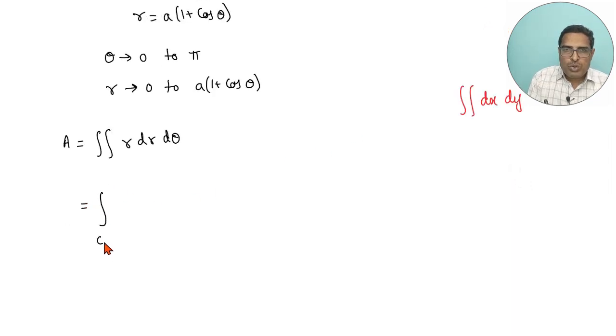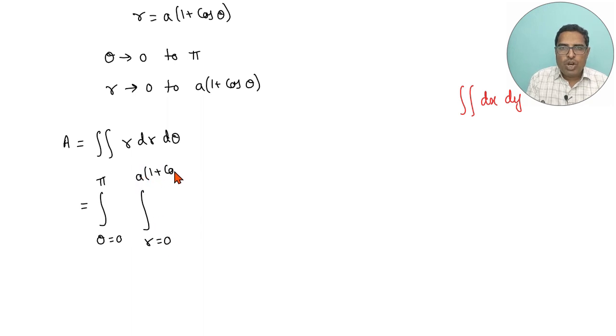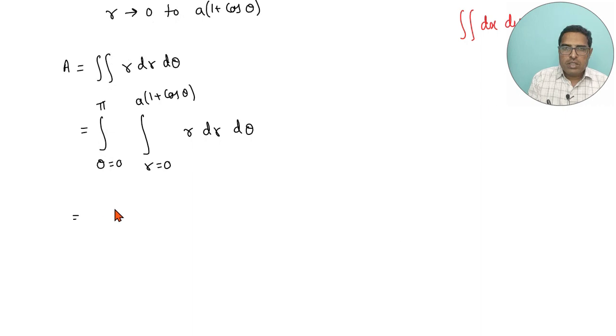Now let us write down the limit values over here. The limit values, theta will be 0 to pi, the constant limits outside. Then you have integral of r equal to 0 to a into 1 plus cos of theta. So this term will be as it is, r dr into d theta. So let us first integrate with respect to r over here. Integral theta equal to 0 to pi. Integral of r will be r square by 2.